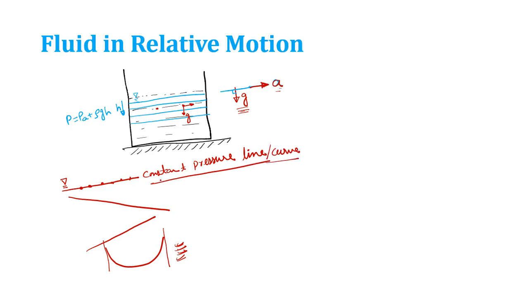Now for example, we have given acceleration A here in this case, along with which there will always be G, acceleration due to gravity. So now this line will no longer remain a constant pressure line and it will change, whatever it may be. We'll discuss further what the pressure line will be.